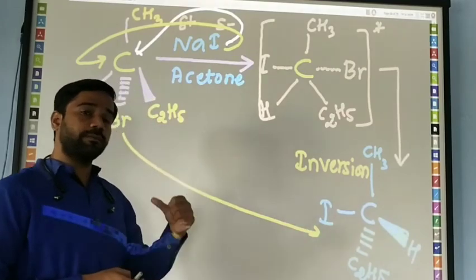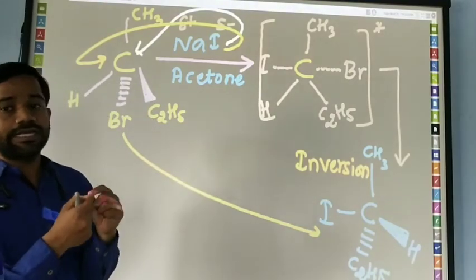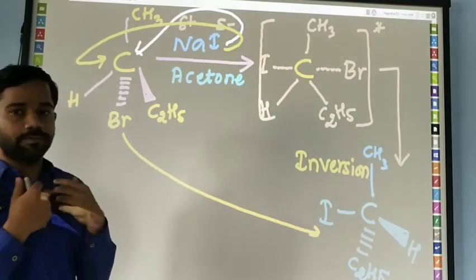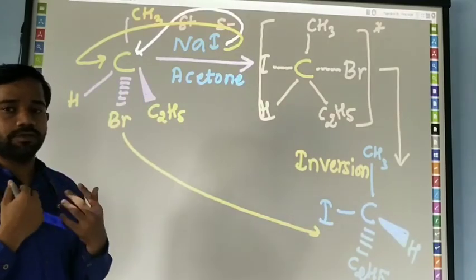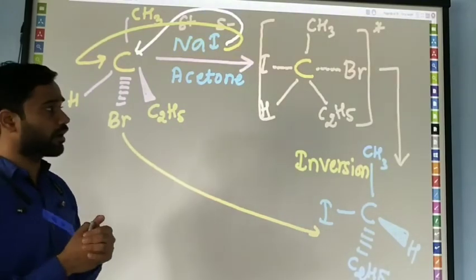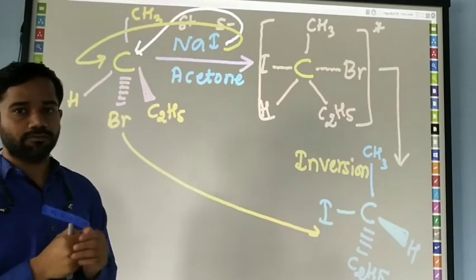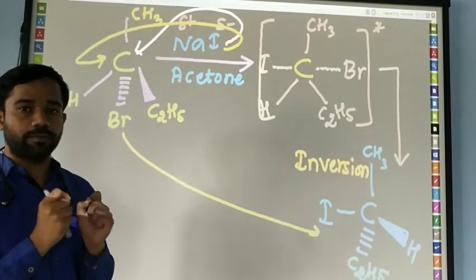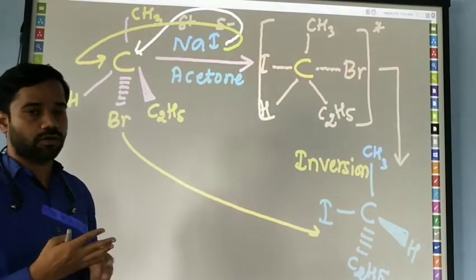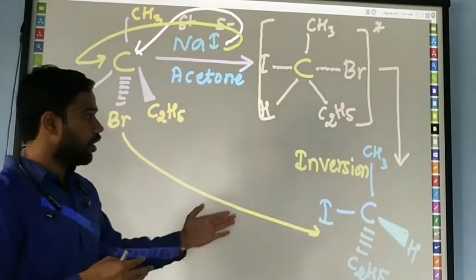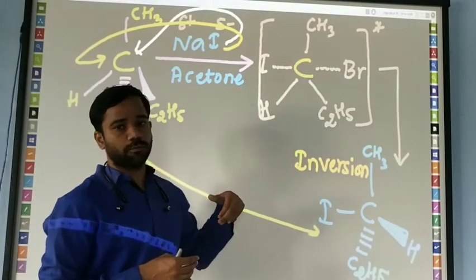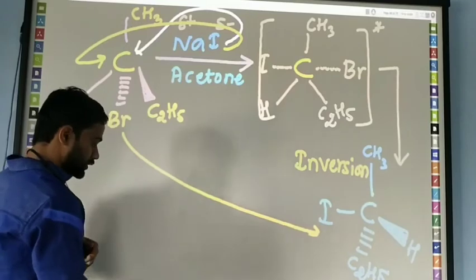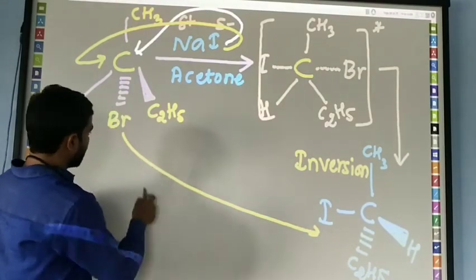In the SN1 mechanism we prepared only the retention product, but in the case of the SN2 mechanism we are preparing both. We are preparing the racemic mixture, or the enantiomers, the inversion product and also the retention product.